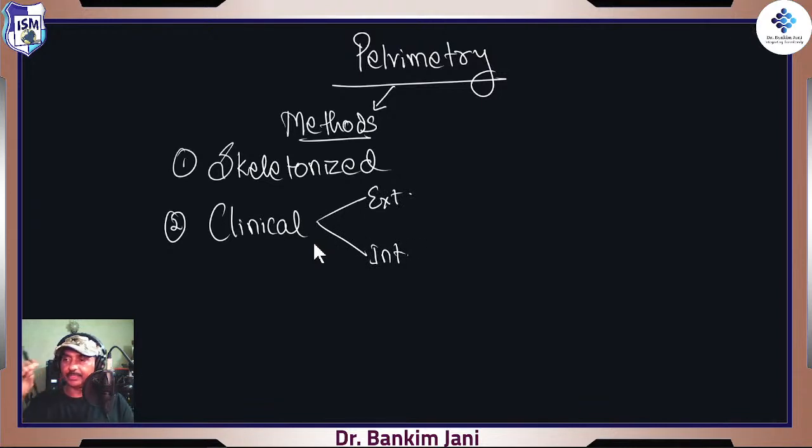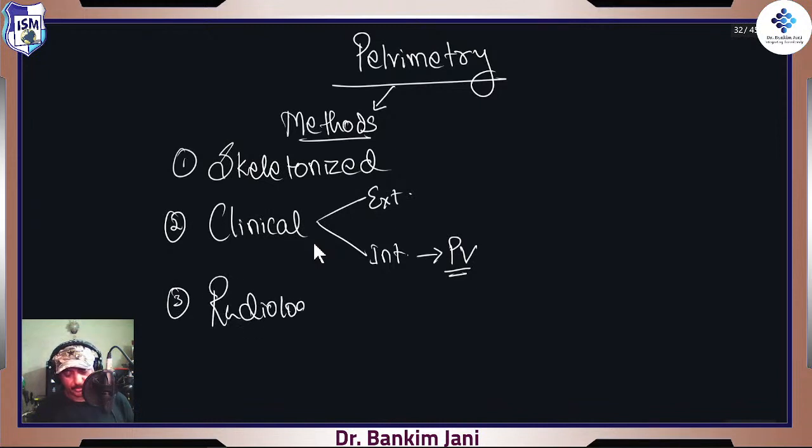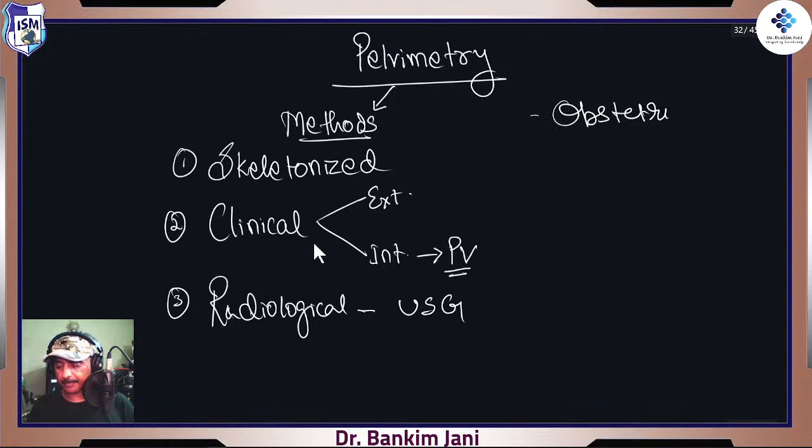External means anterior iliac spine, posterior iliac spine, all those prominent points, you just take them and try to measure, which is not very accurate. For internal, per vaginal examination is needed for this clinical pelvimetry. And the third thing is radiological, that is with the help of ultrasonography, USG. You do the pelvimetry.